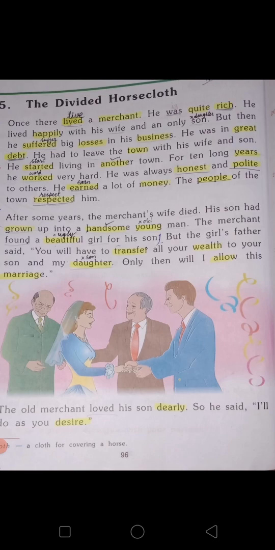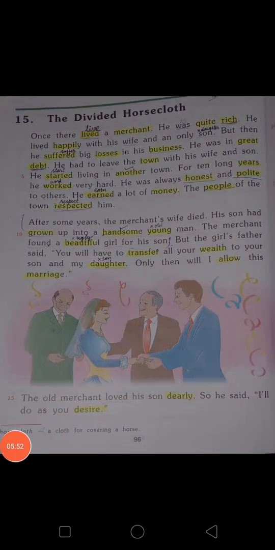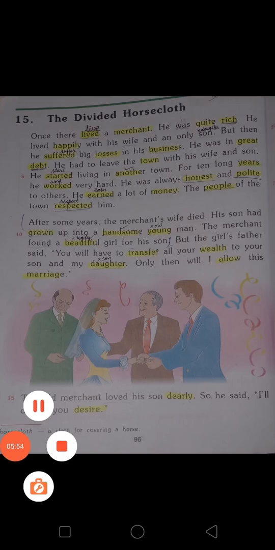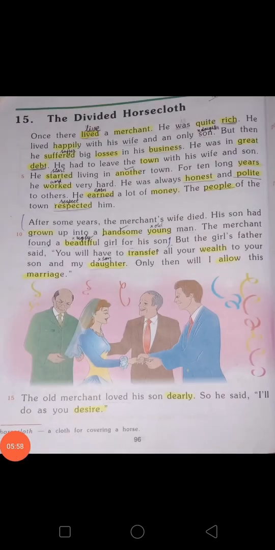Only then I will allow this marriage. In this way, the person said to the merchant. The old merchant loved his son dearly, so he said, "I'll do as you desire." Desire means what? Wish. According to your will.